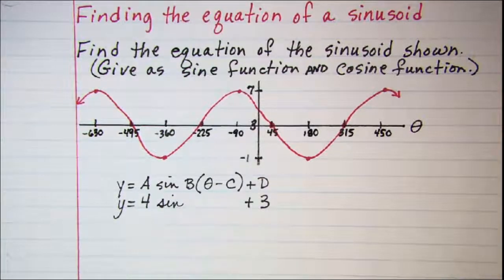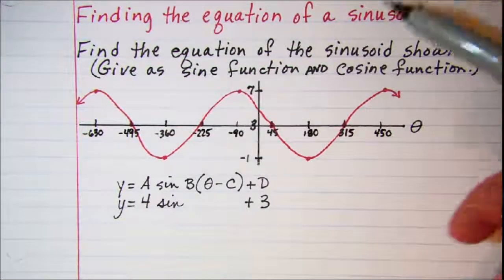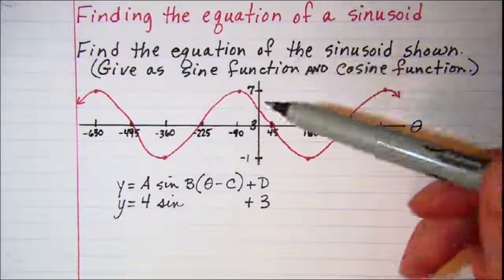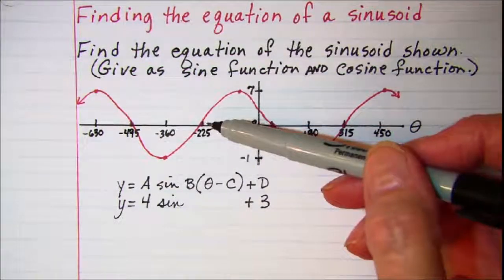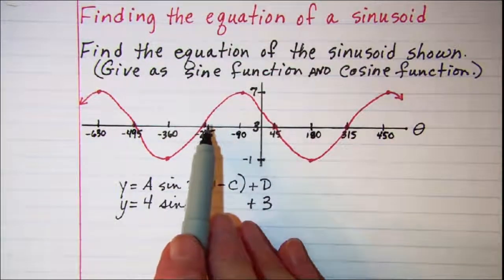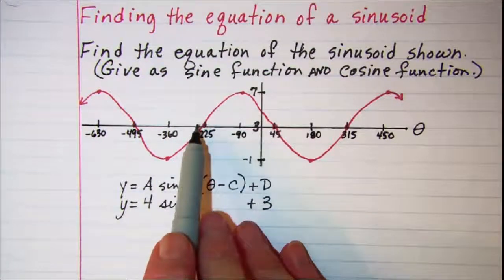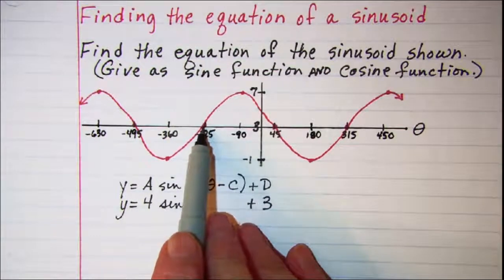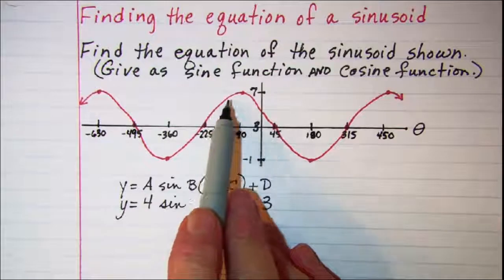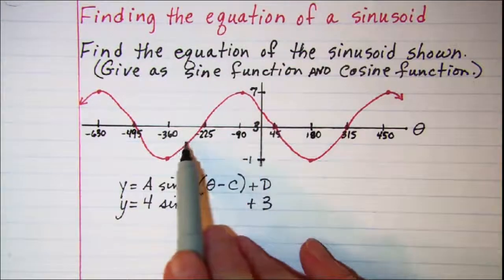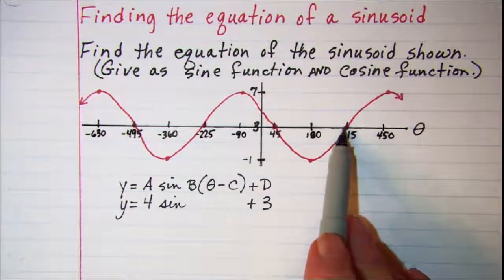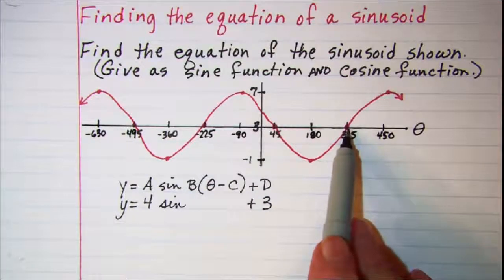Now for us to do a sine curve, I need to find where it crosses the center line, the closest one. So it would be here at -225. It crosses that center line and heads upward as we move to the right. And we also cross the center line here at 315.